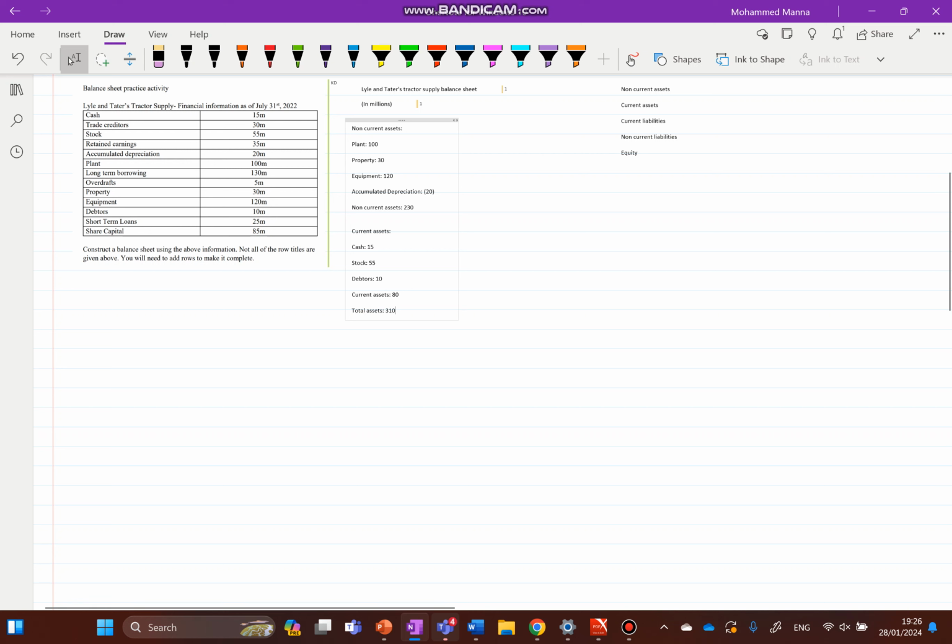After you're done with assets, you move down to liabilities and your next section of the balance sheet, which is current liabilities. Let's do a double space. So current liabilities. Obviously we have the overdraft for 5. Short-term loans for 25.